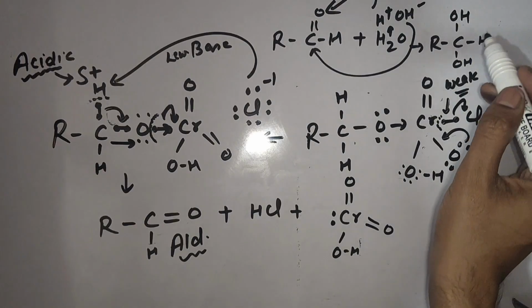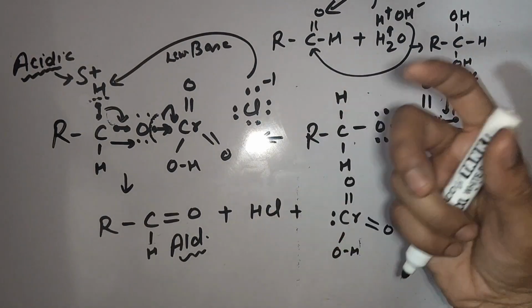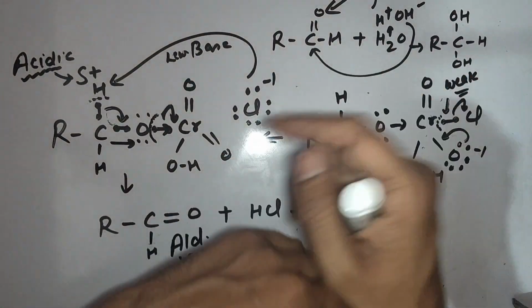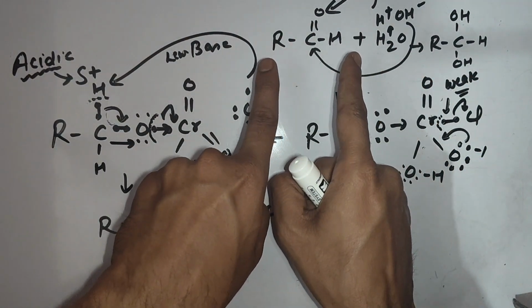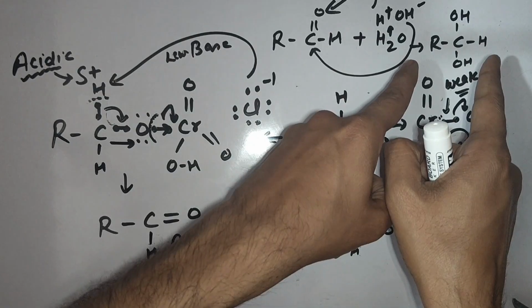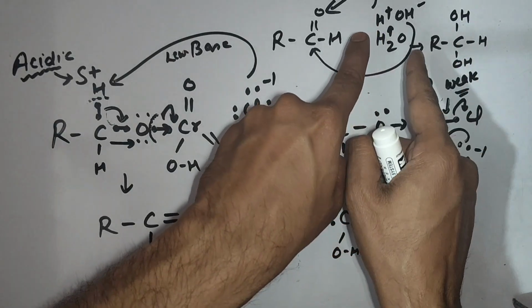These hydrates of aldehydes were reacting with KMnO4 or K2Cr2O7 for their further oxidation. It means if you want to oxidize aldehyde, you have to make its hydrate. And hydrates are only possible when you have water.